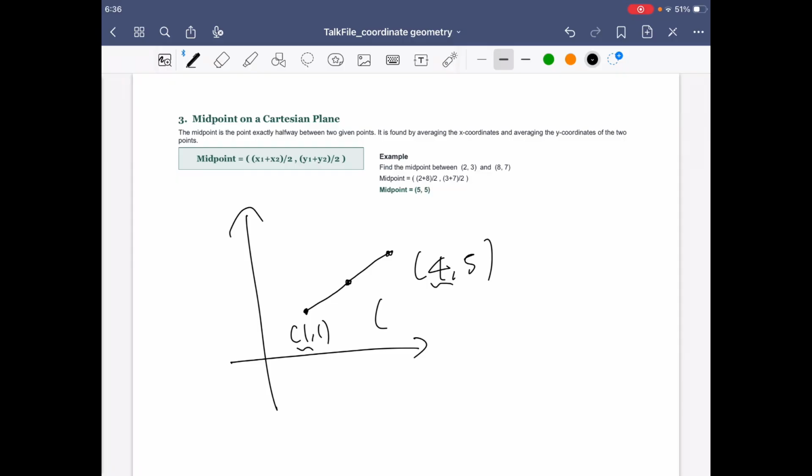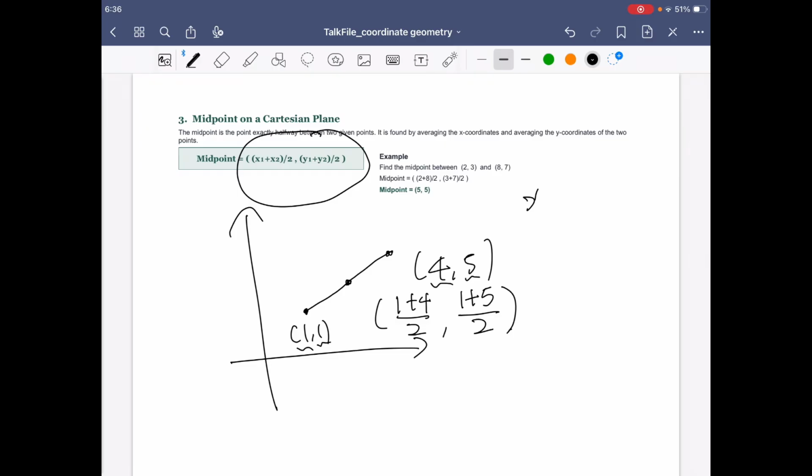How to find the exact midpoint between 1 and 4? That basically just combine them and then divide it by 2. 1 plus 4 over 2. Then same for y coordinates. 1 plus 5 over 2. So that's how you get this formula.